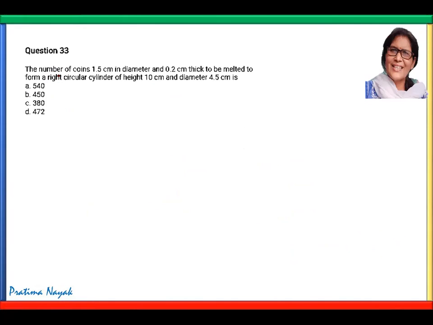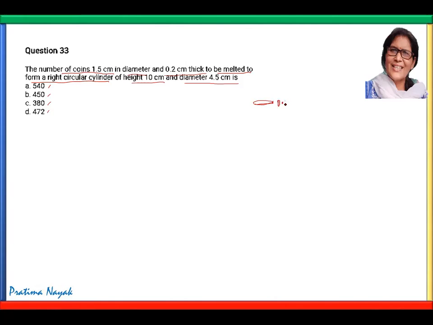33. The number of coins, 1.5 centimeter in diameter and 0.2 centimeter thickness, are melted to form a right circular cylinder of height 10 centimeter and diameter 4.5 centimeter. Then how many coins have to be melted? 540, 450, 380, 470. So these are coins.